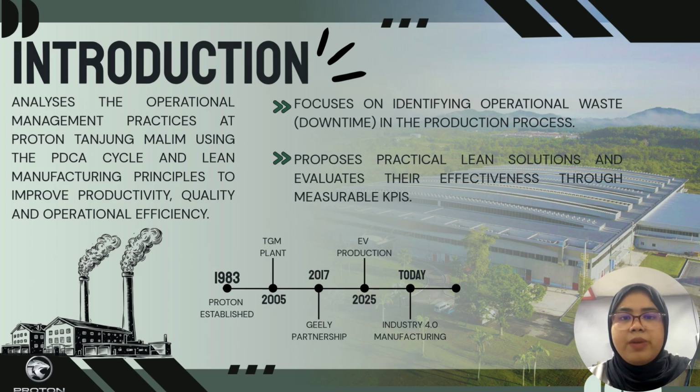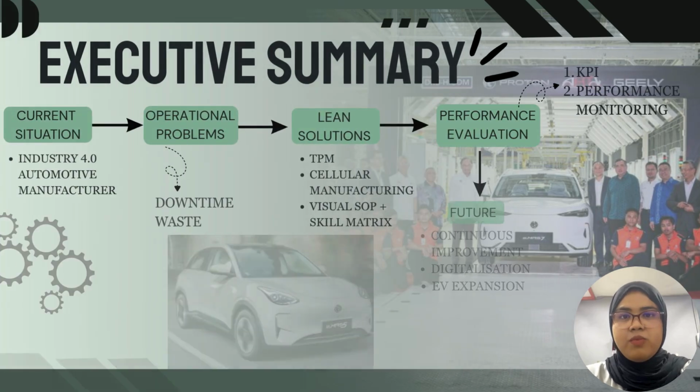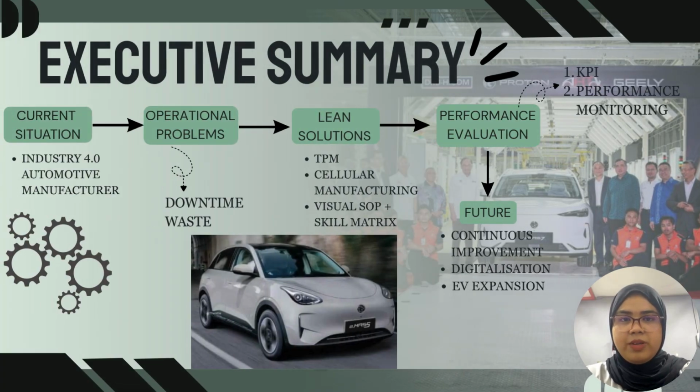and overall operational efficiency. Moving on to the executive summary, our core focus is identifying and eliminating operational downtime waste within the production line. This issue directly affects plant efficiency. To resolve these operational problems, we propose practical lean solutions.